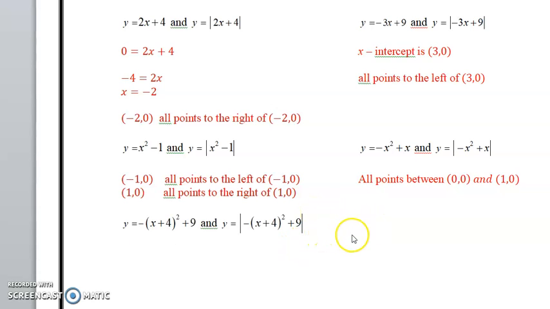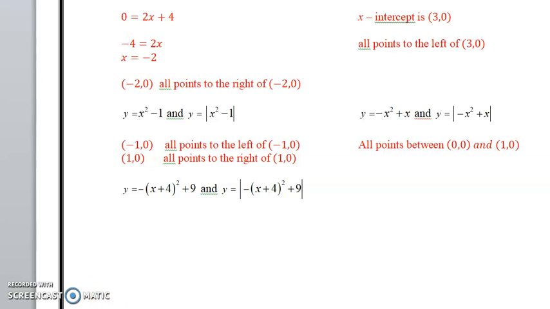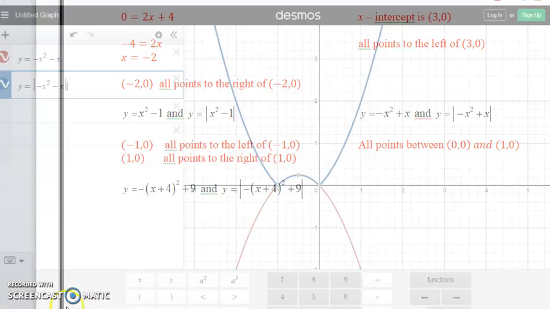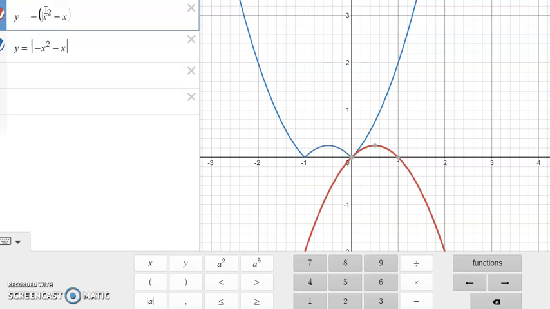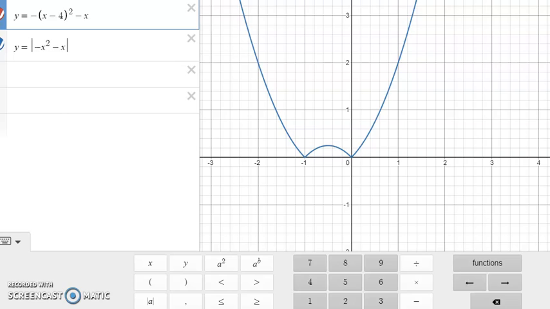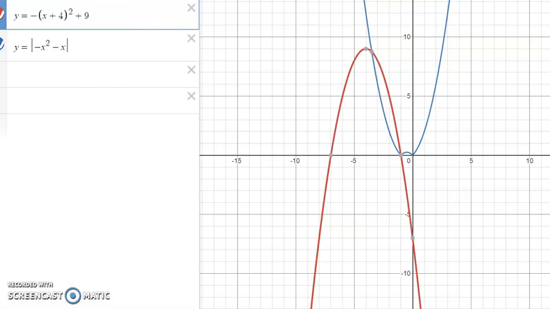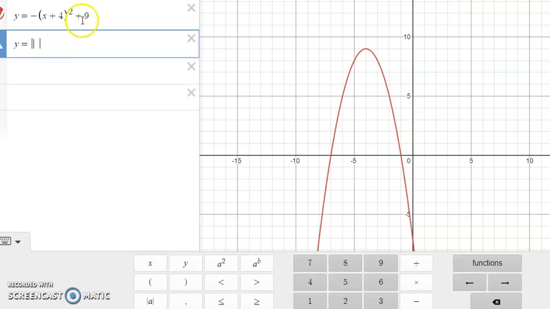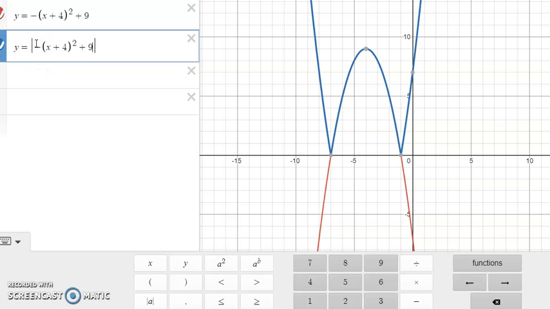And the last one there, it's in vertex form. Let's do that one as well. We have minus bracket x plus 4 squared plus 9. We'll just spread this out a bit. Let's get rid of that old function there for a second. There's the original function. See what overlaps it.